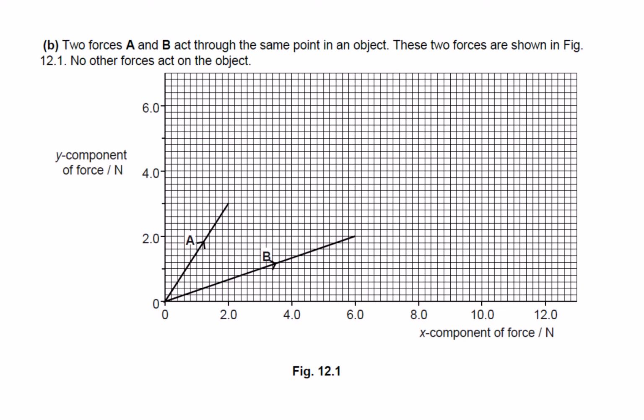So if I draw these two vectors out tip to tail, it doesn't matter which one you choose, but I'm going to draw A added onto B. So A has an x component of 2 and a y component of 3. What that means is I would need to come along an extra 2, taking me to 8 newtons in the x, and then add on another 3, which would bring me up to 5.